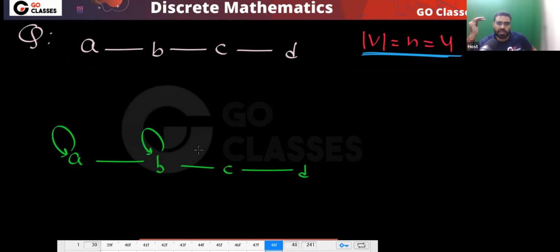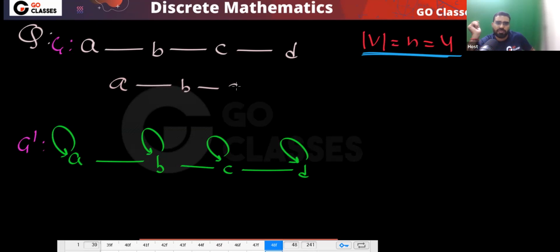Create this new graph. This is your G and this is your G dash. Now I'm saying that if you have any walk of length 1 to 3, for example, a walk between A comma C of length 2, then automatically you will get a walk of length 3 here between A comma C. Just waste one cycle.